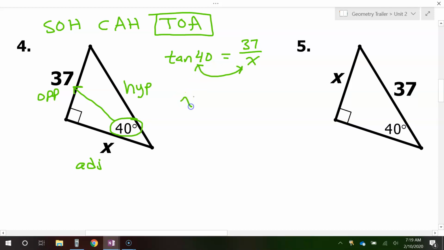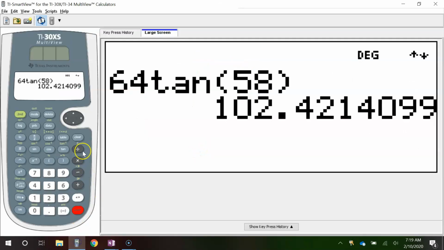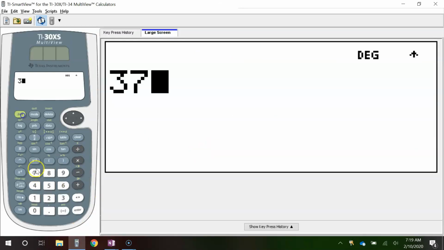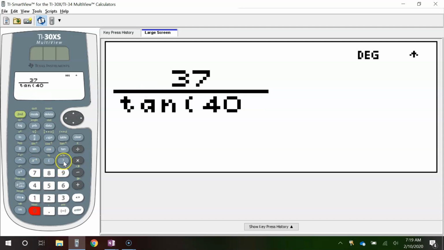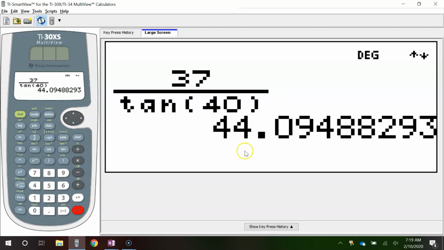So we will do x is equal to 37 over tangent of 40. And then you just put that in your calculator. So that's 44.095. Got to round up.